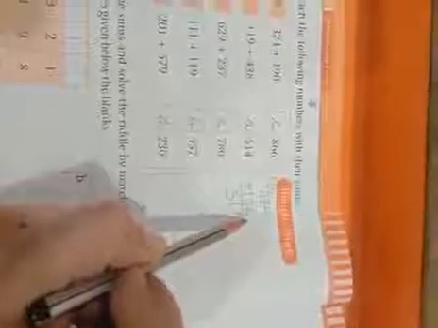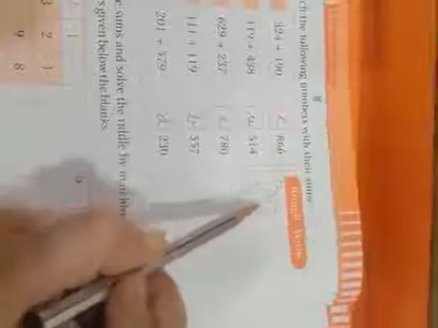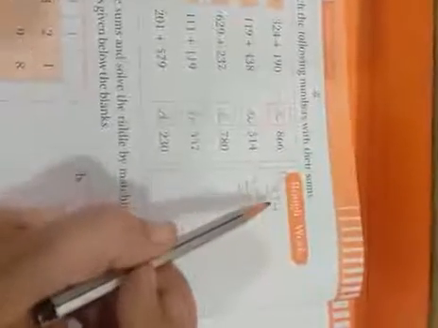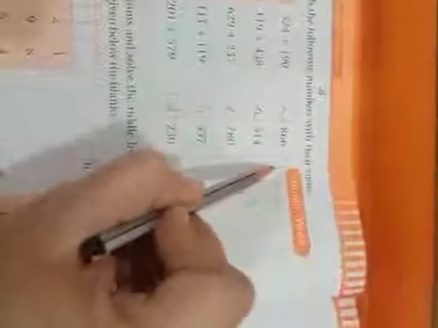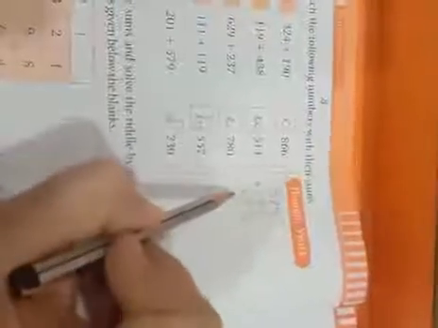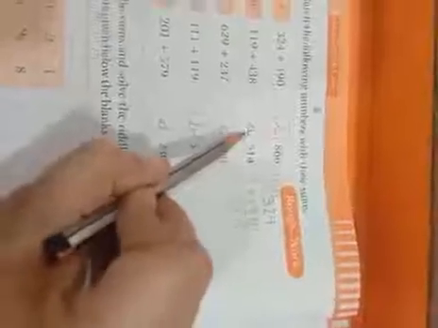So starting from the ones place, 4 plus 0 is 4, 9 plus 2 gives 11. Of 11, I wrote 1 and I have carried 1 to the hundreds place. 3 plus 1 is 4 and plus 1 is 5. So 514 is here. So I will write A because this is the answer of A.